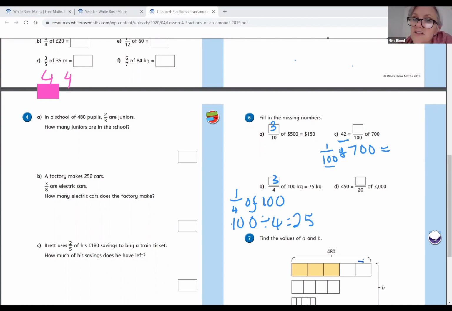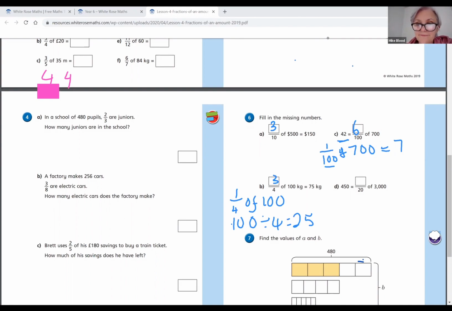So 700 divided by 100 gives me 7. And how many 7s are in 42? Well, it's 6, isn't it? So 6/100ths of 700 is 42, because 7 times 6 is 42. So 1/100th is 7, 2/100ths is 14, 3/100ths 21, 4/100ths 28, 5/100ths 35, 6/100ths 42.